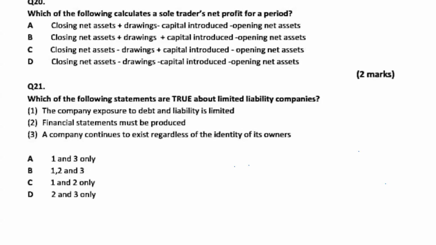Okay, the screen is back. Question number 21. Which of the following statements are true about limited liability companies? 1, the company's exposure to debt and liability is limited. 2, financial statements must be produced. 3, a company continues to exist regardless of the identity of its owners.